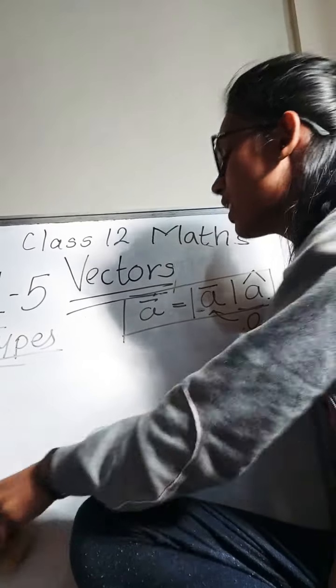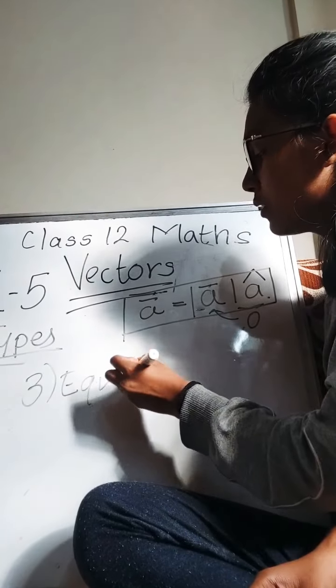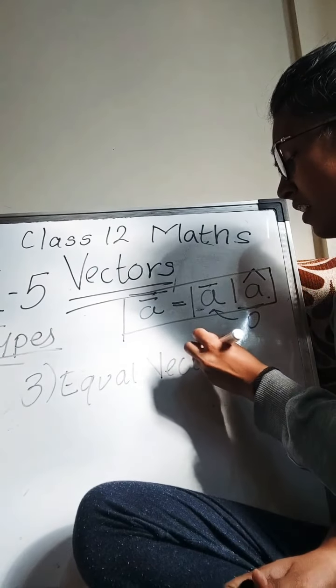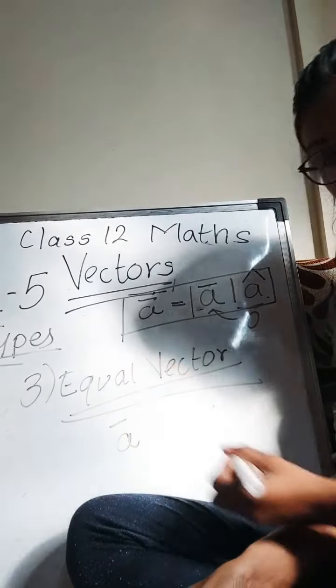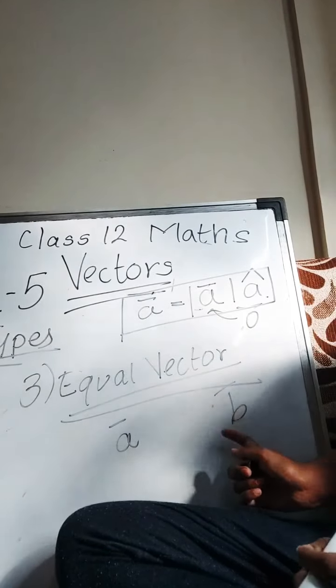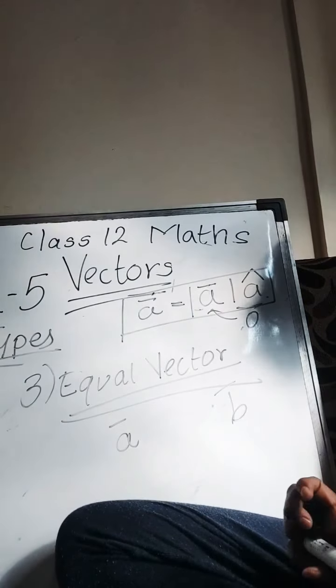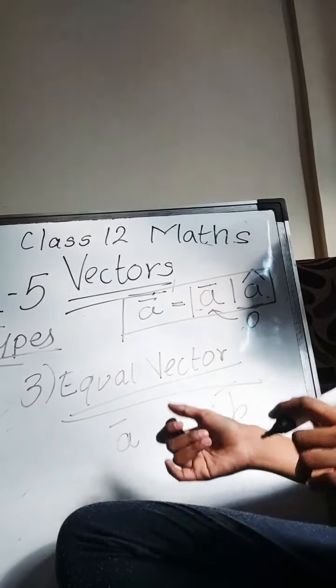So now the third type is equal vectors. Now what are equal vectors? Very simple. If I give you a vector and if I give you b vector, what should be common between them for them to be equal? Very simple. Their magnitude and their direction both.